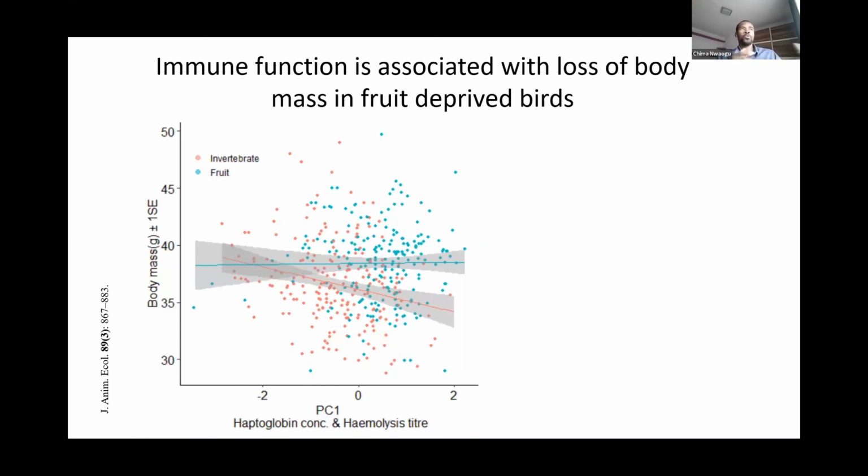You remember I said in the beginning that when resources are slim, birds are likely to trade off immune function for other annual cycle stages like breeding or other aspects of self-maintenance. But we see clearly from the results that the birds that were in quality conditions, as birds that were fed on fruits, were able to maintain both high body mass and also a high immune function.